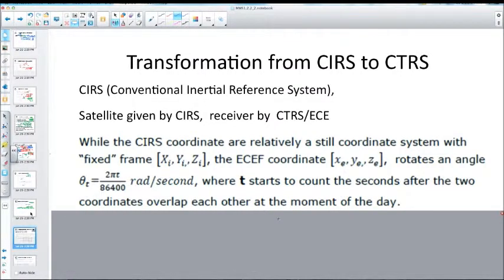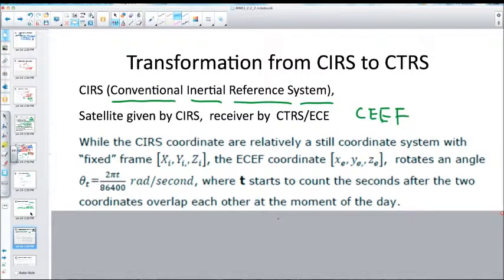I'm going to bring in another coordinate system. This coordinate system is called the conventional inertial reference system. Last time we learned the Earth-centered, Earth-fixed system. It means your coordinate rotates with the Earth. But this time the inertial system, you don't rotate.